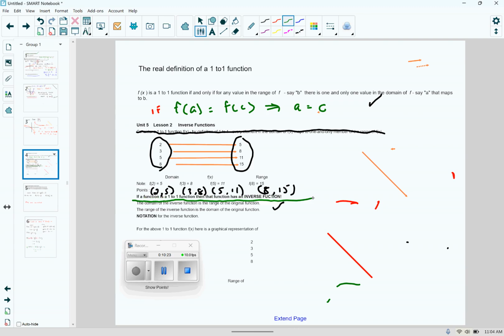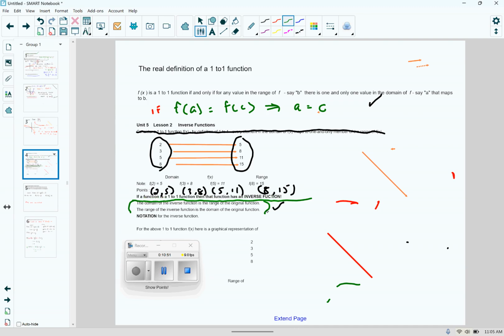And that's where we're going: when does a function have an inverse function? If it's one-to-one. And here are the two main properties of an inverse function. The domain of the inverse is the range of the original. The range of the inverse is the domain of the original.